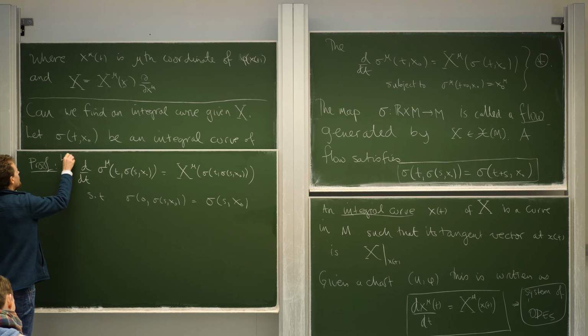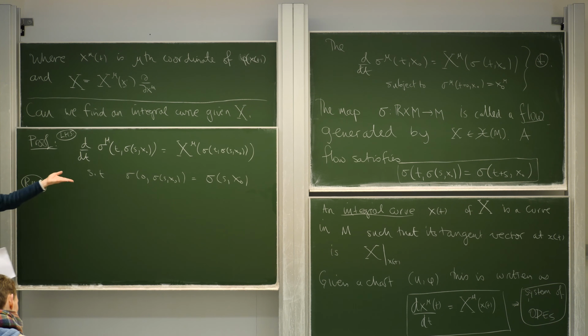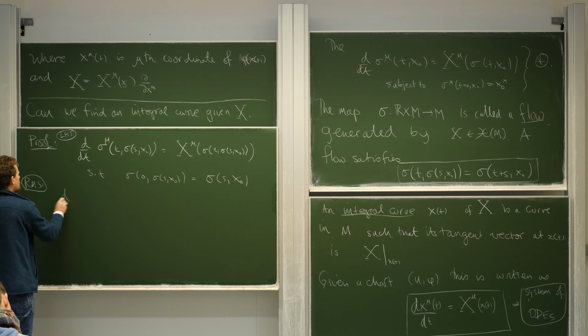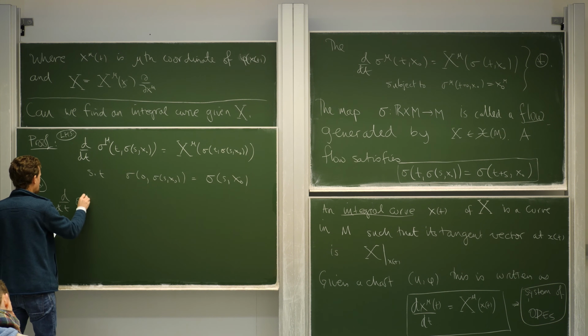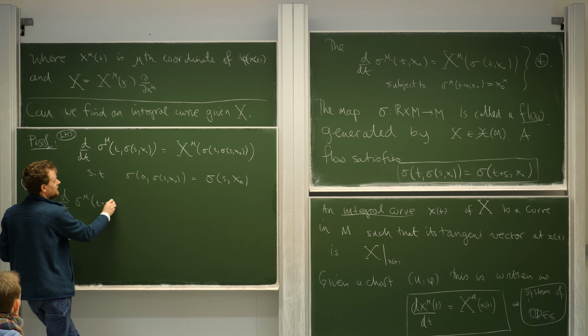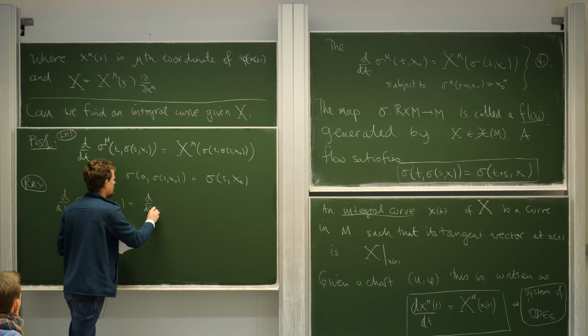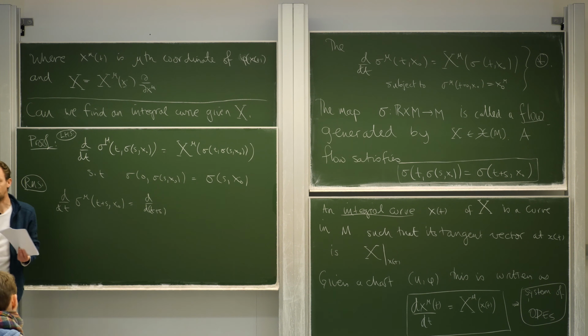What about the right-hand side? This is the left-hand side. Right-hand side. Well, we have to differentiate it. We want to get an equation of motion for the right-hand side. And we can do so. First, we just differentiate the right-hand side with respect to t. But then we notice that that's the same as differentiating with respect to t plus s.